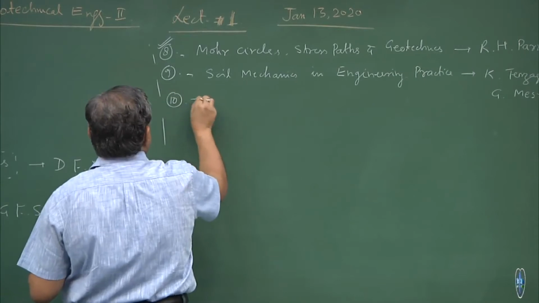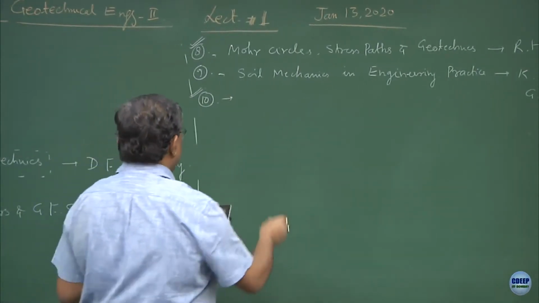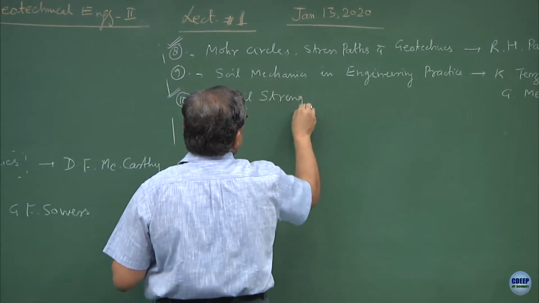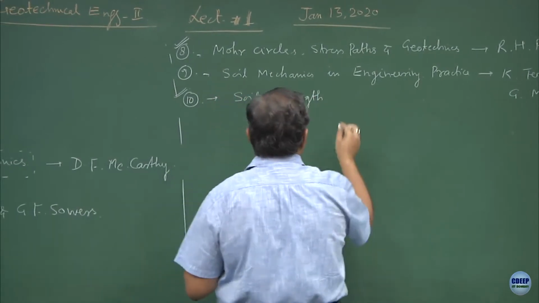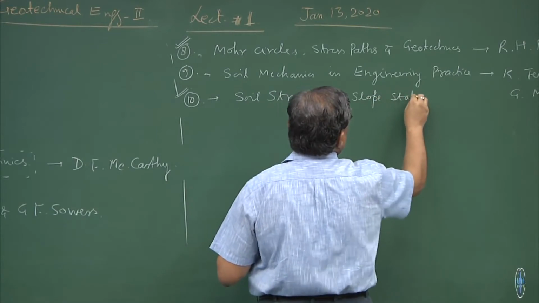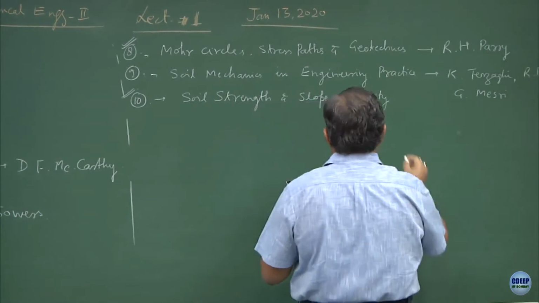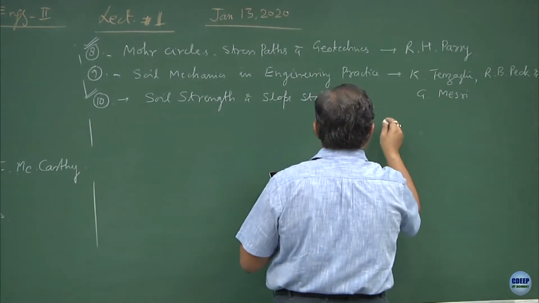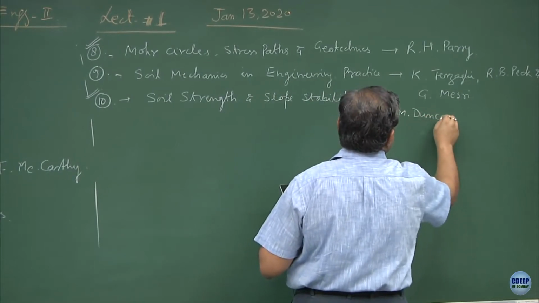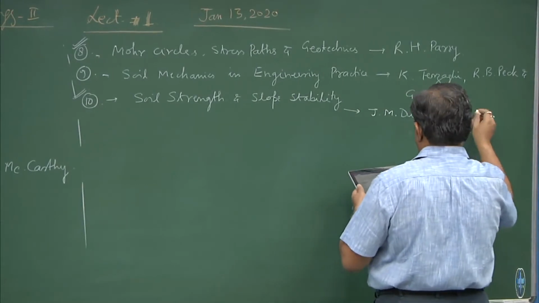Another interesting book which you might have to refer to would be Soil Strength and Slope Stability. This is the book by J. Michael Duncan and S. G. Wright.